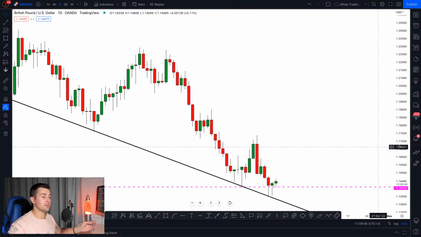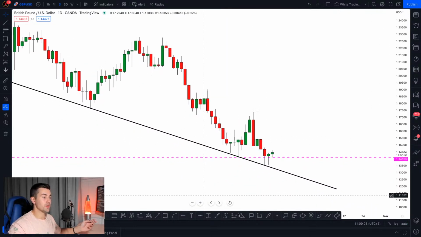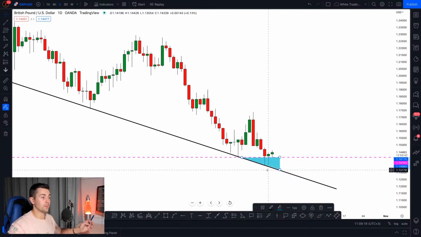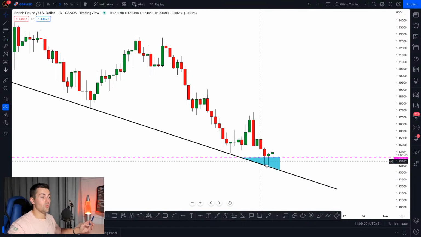And what happened recently with pound dollar pair? The price approached the confluence between that horizontal structure and that trend line, and the market was perfectly rejected. Testing that area, the market didn't even manage to close within that.